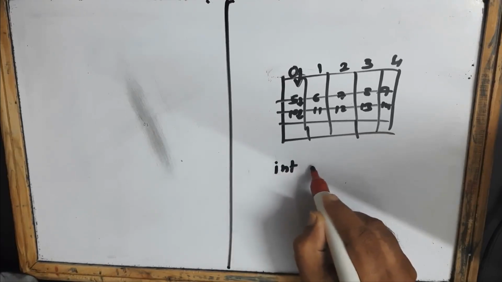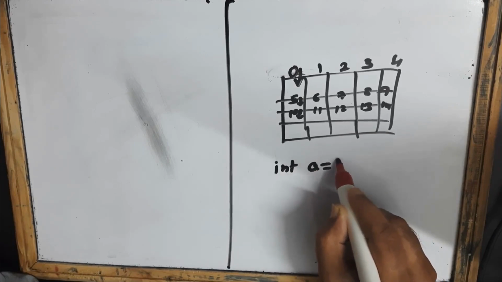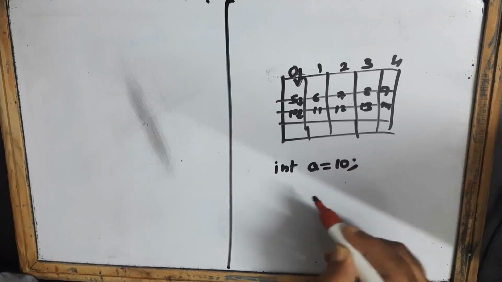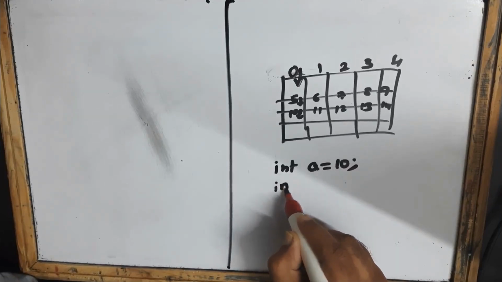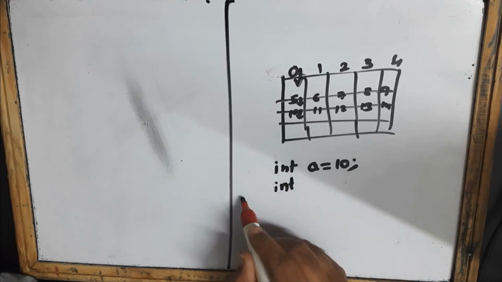Say, for example, when you initialize an integer a is equal to 10. Then we initialize one pointer. To initialize a pointer, we need a star. Star is a pointer operator.